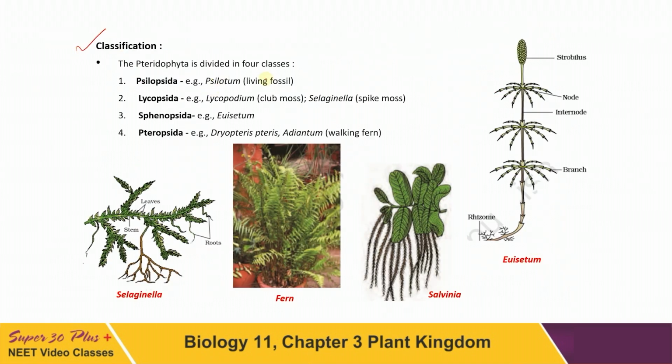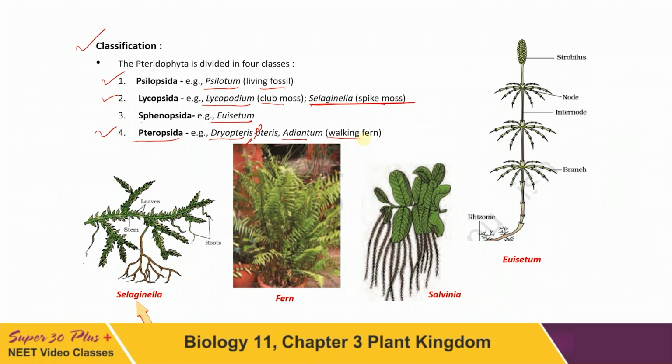Pteridophytes are divided into four classes: Psilopsida, such as Psilotum, known as living fossil; Lycopsida, where we have small sized leaves, with Lycopodium, club moss, and Selaginella, known as spike moss; then Sphenopsida, Equisetum; and Pteropsida, the highly evolved one, which includes ferns like Dryopteris, Pteris, and Adiantum, known as walking fern.